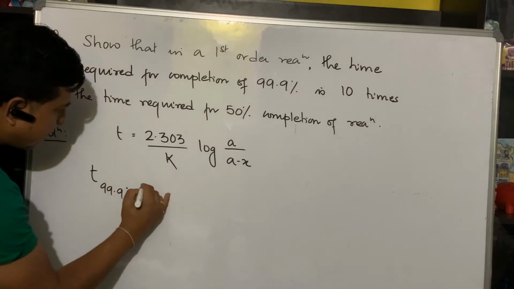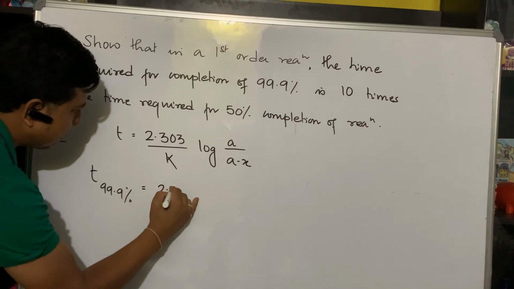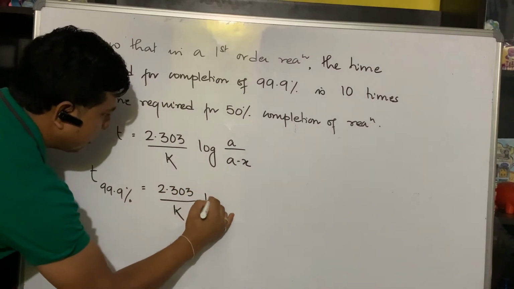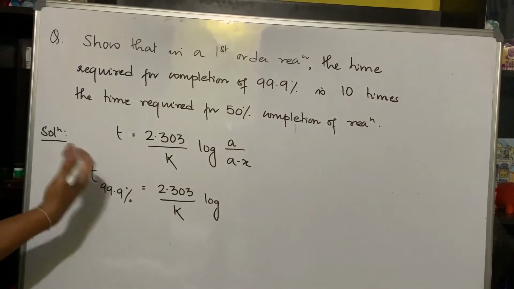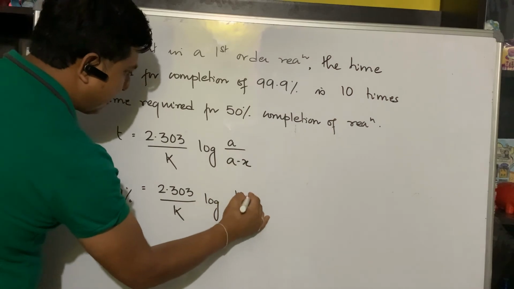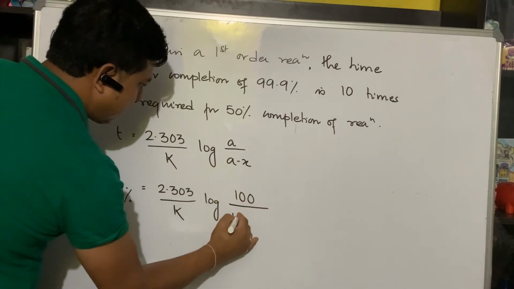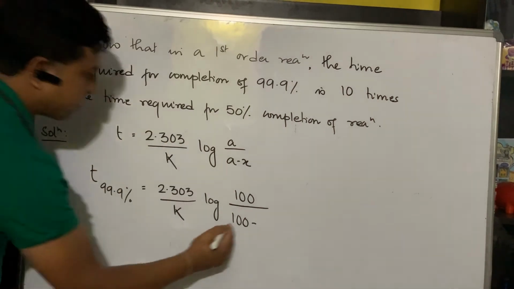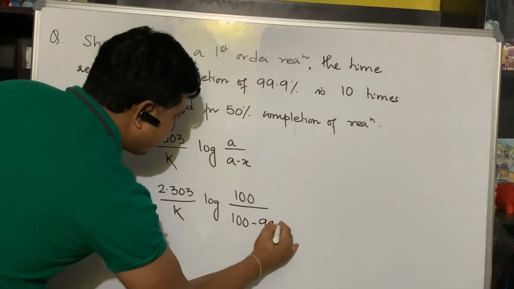So what does this mean now? This is equal to 2.303 by K log initial concentration. Since it is expressed in percentage, I'll take this as 100. So A is 100. So 99.9% complete means what is the amount of product formed?